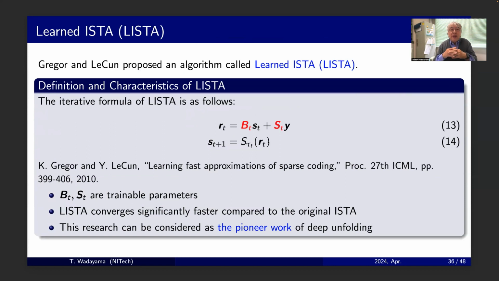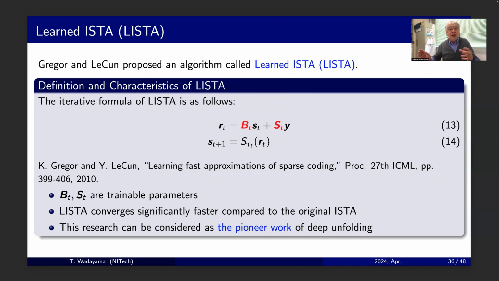In 2010, Gregor and LeCun proposed a trainable version of ISTA, which is called LISTA, learnable ISTA. The iterative formula of LISTA is given by equations 13 and 14. The gradient descent step 13 includes the matrices BT and ST. These matrices are trainable parameters.